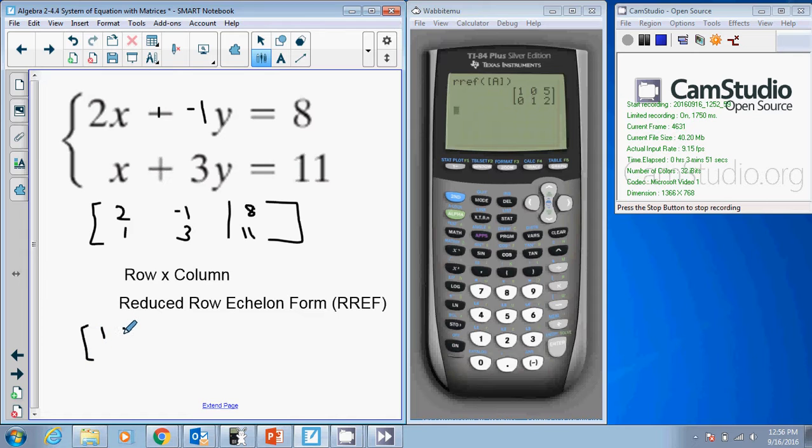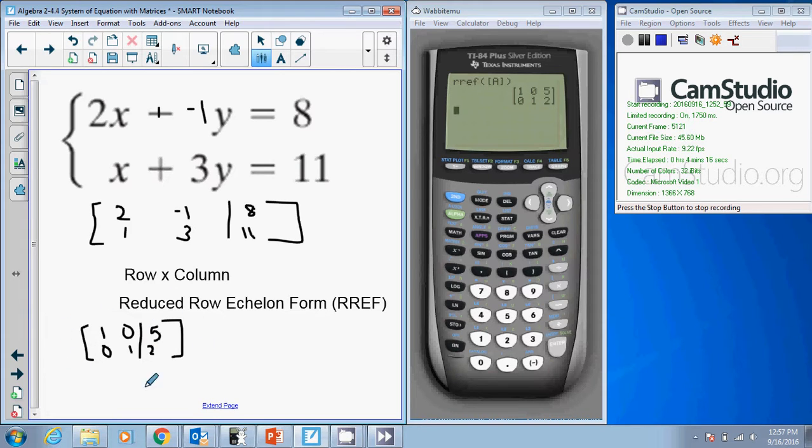So my new matrix, again, reading across the row, 1, 0, 5, and then 0, 1, 2. As stated before, we put that vertical line in for the equals. The calculator does not put it in, so we need to manually put it in to our matrix.